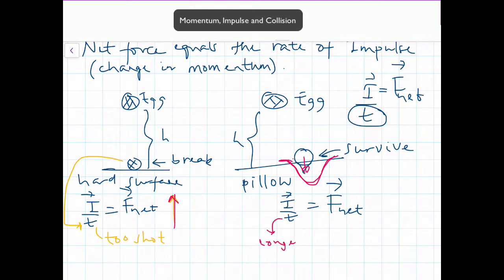So there is the same amount of impulse as in the previous case, but the difference is that you have a larger time of contact between the egg and the pillow. If you have a longer time, then the net force is going to be relatively less. So this contact force between the pillow and the egg is going to be less, and as a result, the egg will have the chance to survive.